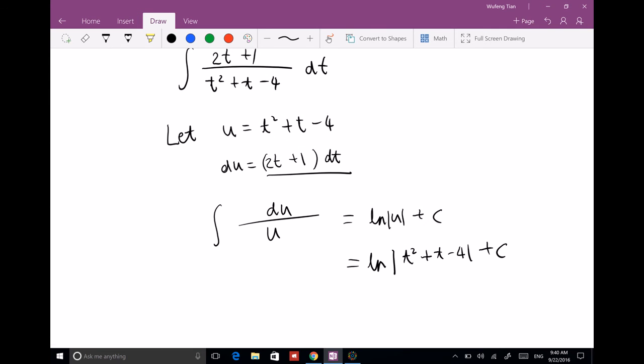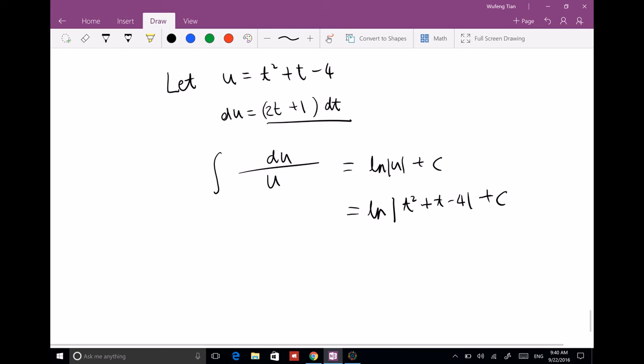Next one: 2 over (2t minus 1) squared plus 4 dt. What do you think we need here on this one? I'll give you a little bit of a hint.